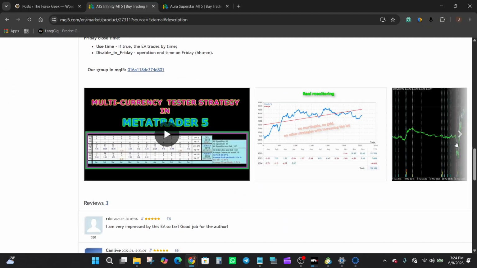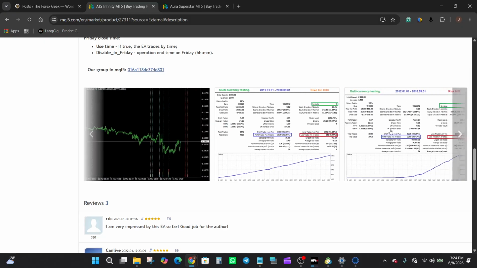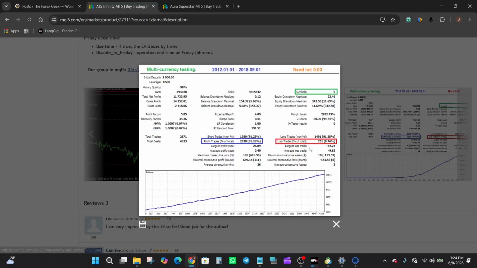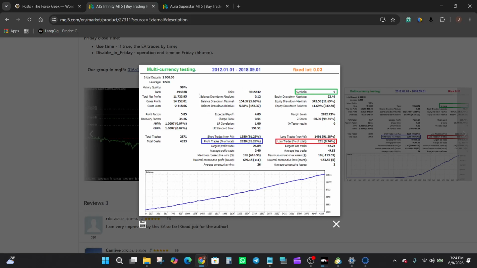Let's just also quickly look at the backtest results that we have here on the MQL5 Marketplace page. So here from 2012 to 2018, we can see that total trades taken, this was 1st January 2012 to 1st September 2018. Total trades taken were 2,871.